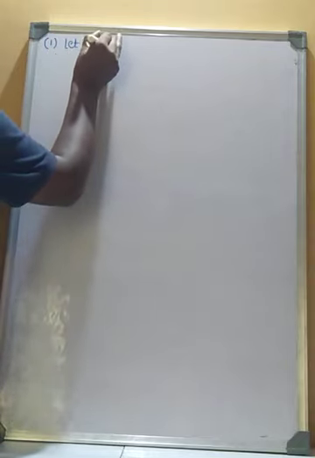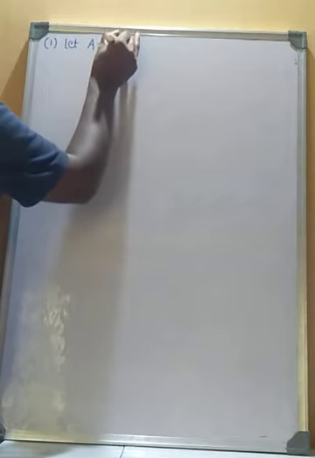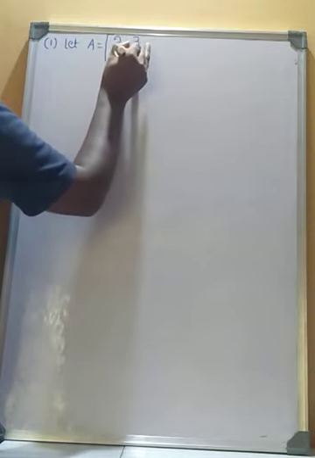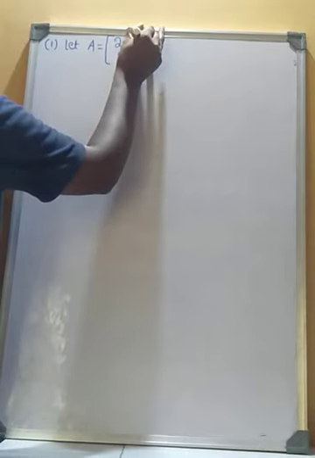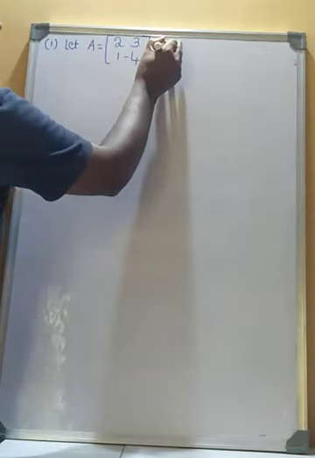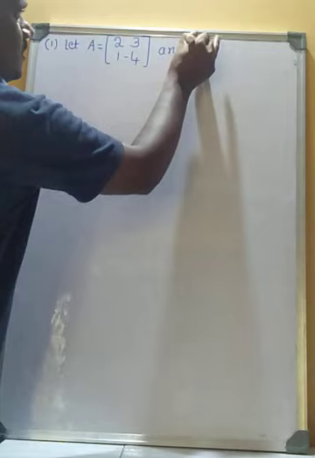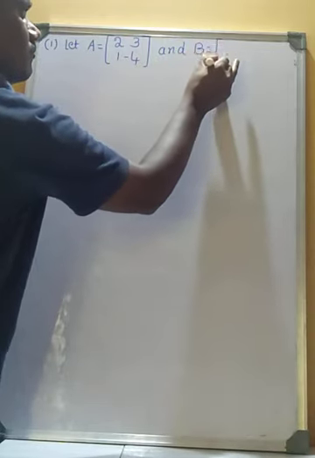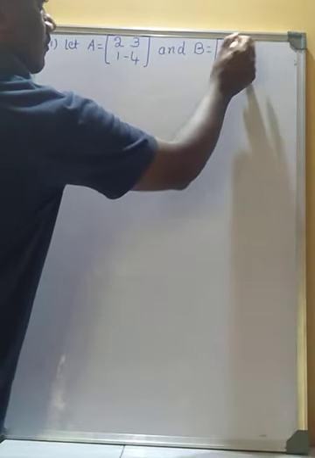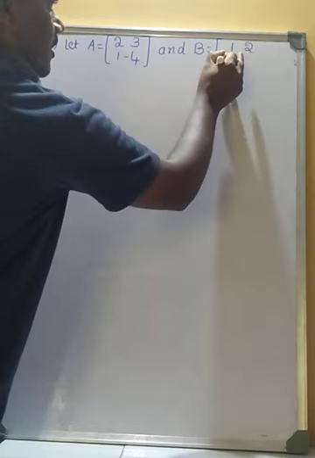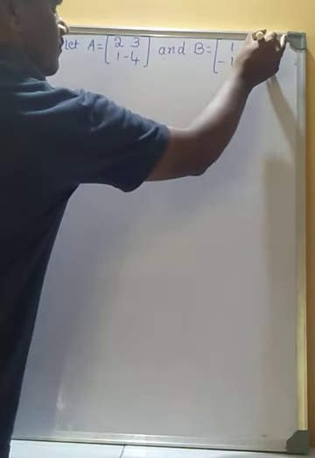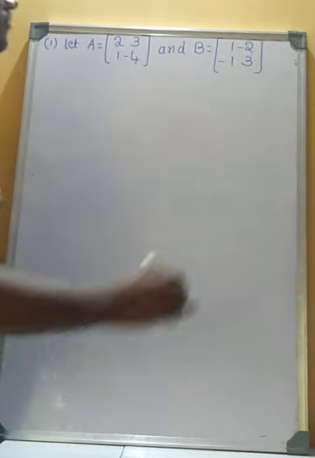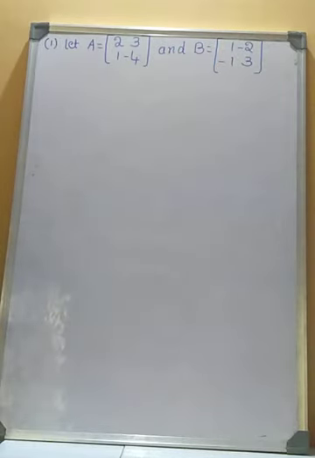Example 1. Let matrix A equals [2, 3; 1, -4] and matrix B is equal to [1, -2; -1, 3].